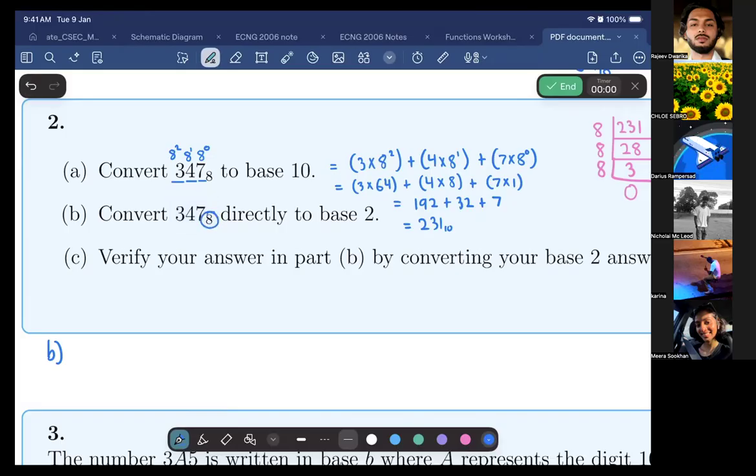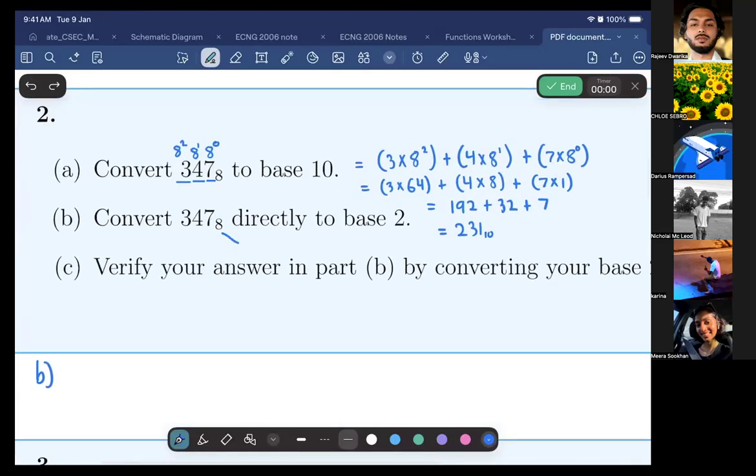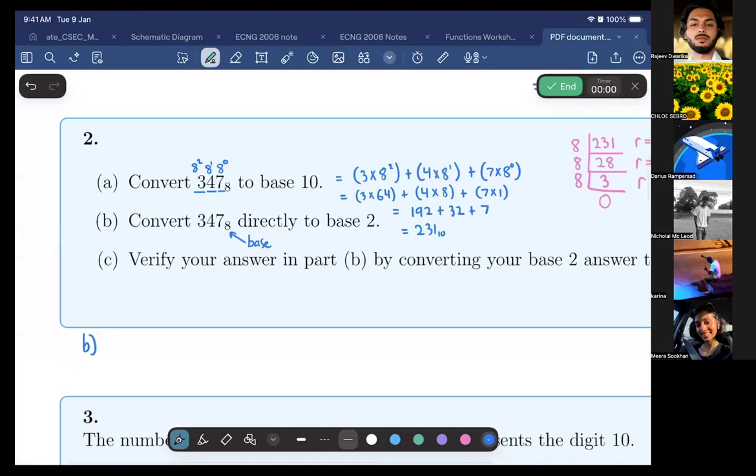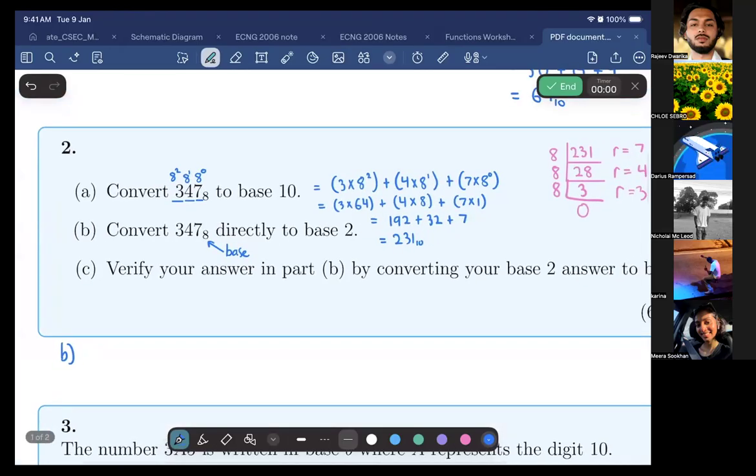It's not power, it's base 8. This little number beneath, that's the base. So convert 347 base 8 directly to base 2.